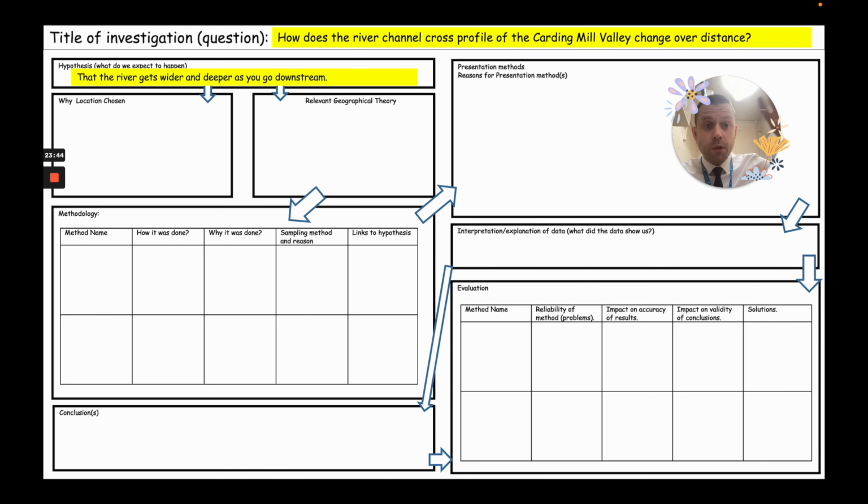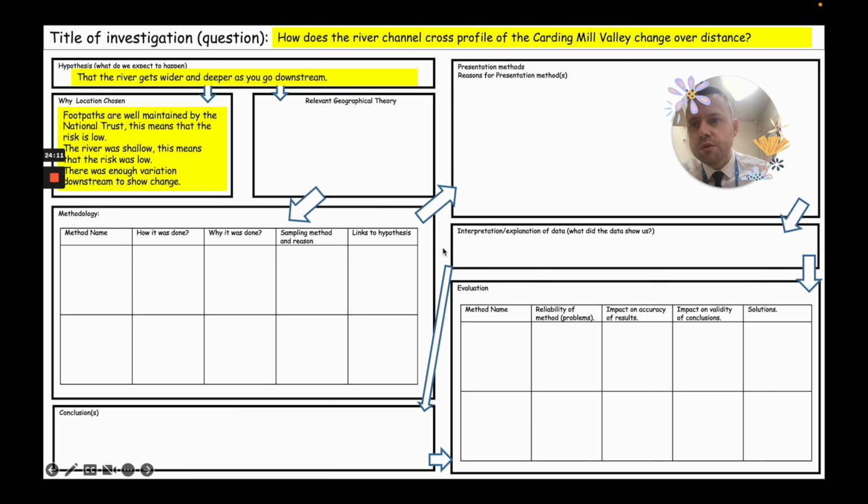So as you move from Lightspout Waterfall, when we hiked up to the top of the valley, we expect it to be narrow and shallow. Whereas as we go further downstream, we expect it to be wider, can't really show you on this little picture, and deeper. Because of fluvial processes, which just means river processes: vertical erosion, down, deeper, lateral erosion via hydraulic action, side, wider.